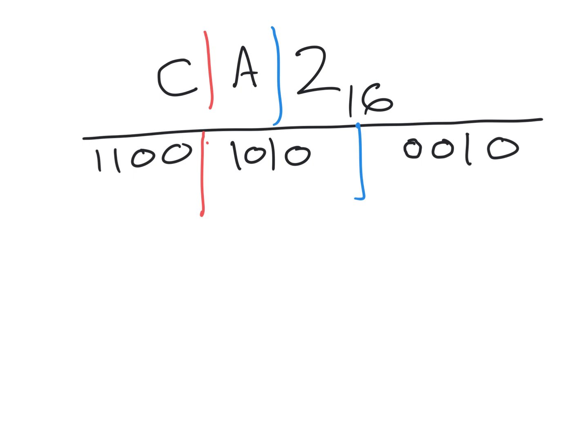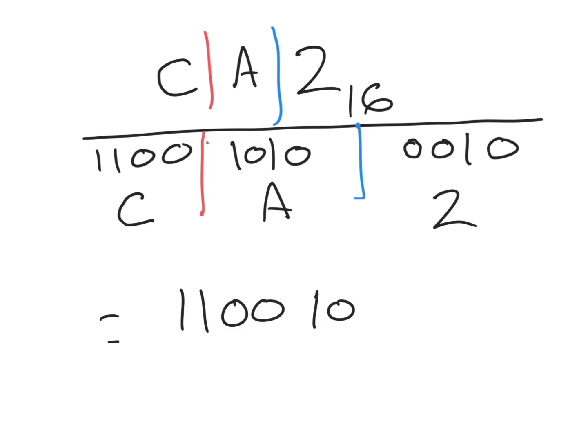So this is C, A, and 2. So the final answer is 1, 1. And I'll just add the subscript 2 to clarify that it's binary. Okay, so looks okay.